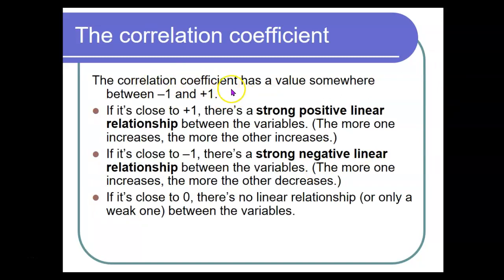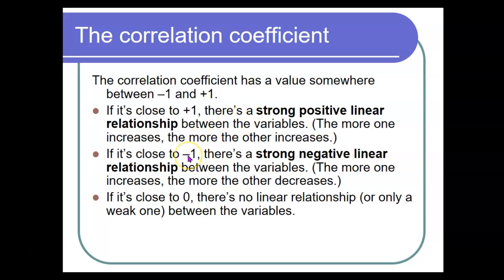The correlation coefficient always has a value somewhere between negative and positive 1. If it's a positive number that is close to 1, that means that you have a strong positive linear relationship between the variables. So the bigger one of them is, the bigger the other one tends to be.